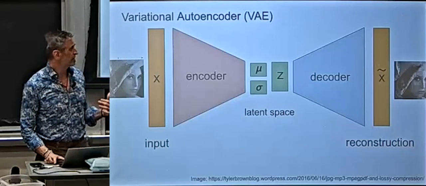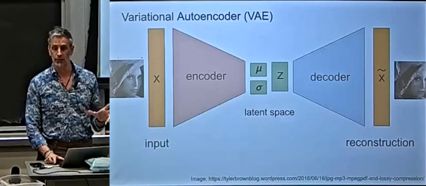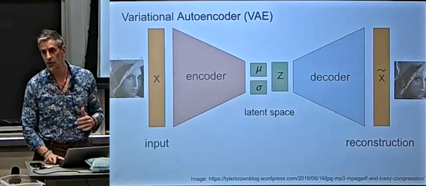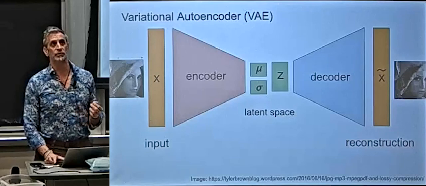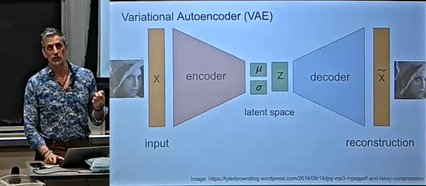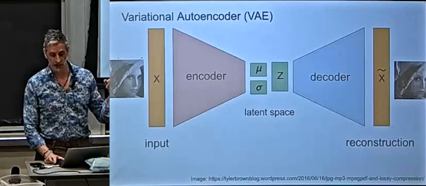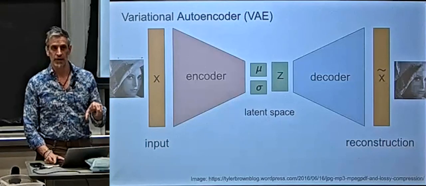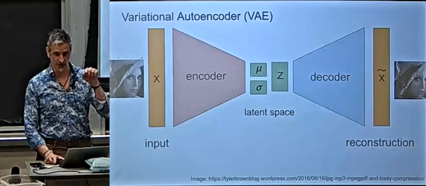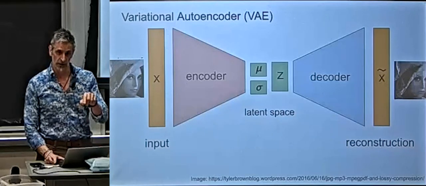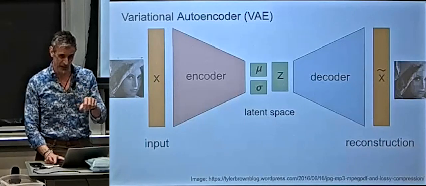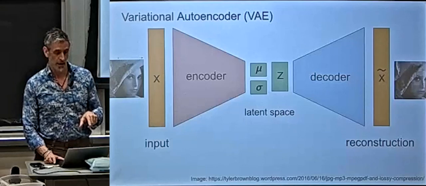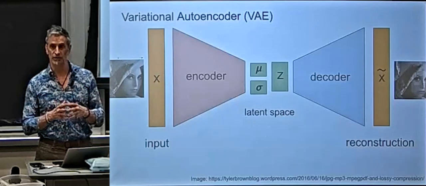We're going to take our image and take that input, and then we're going to encode it not directly into the latent space. We're going to encode it into, you could almost think of it as a guess of where this input image falls in that latent space. And we're going to have a mean value, essentially in the center of where we think the probability of that image is going to lie, and some uncertainty.